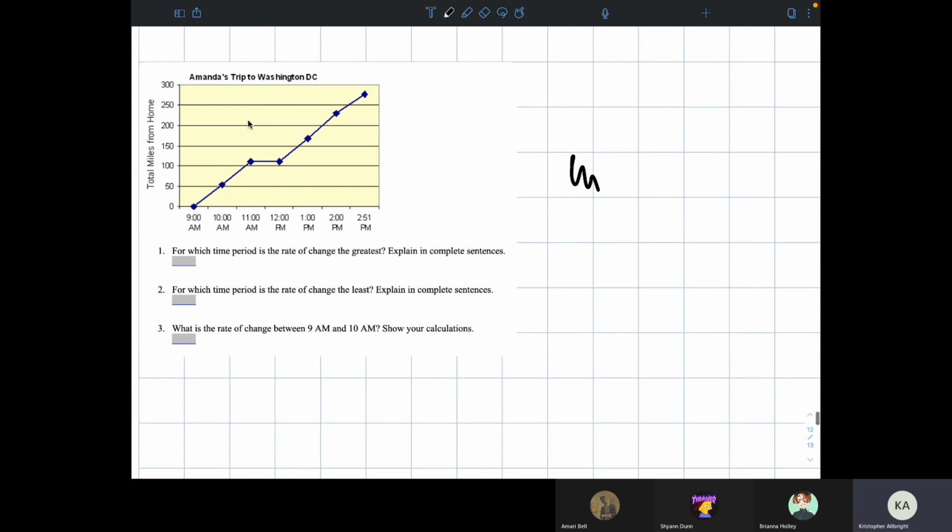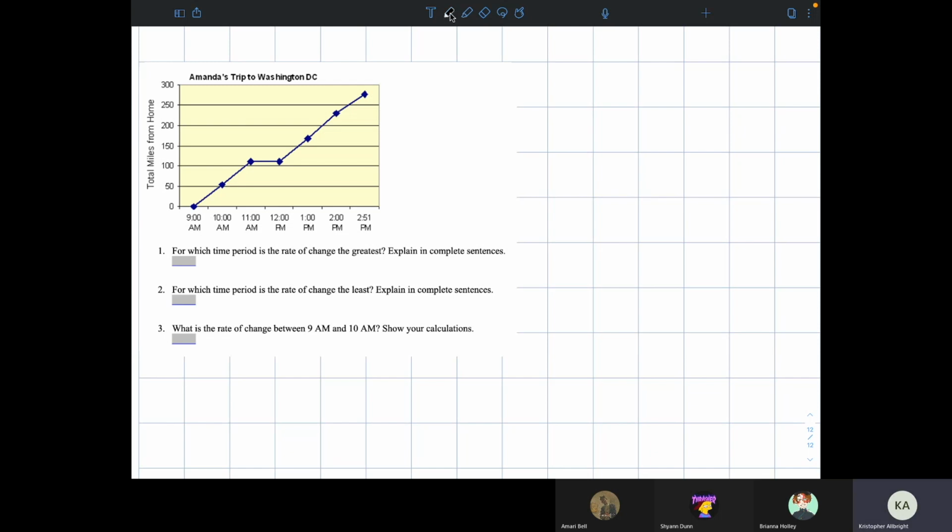Well, okay, so she's driving a constant speed from 9 to 11. But from 10 to 11, or from 10 to 12, she completely stops. So the rate of change goes up a lot because she goes from moving to not moving. And then she goes from not moving to moving again. So the rate of change goes up again.